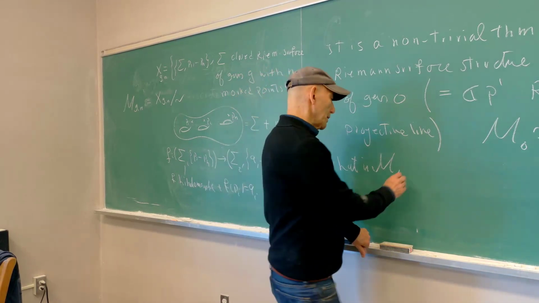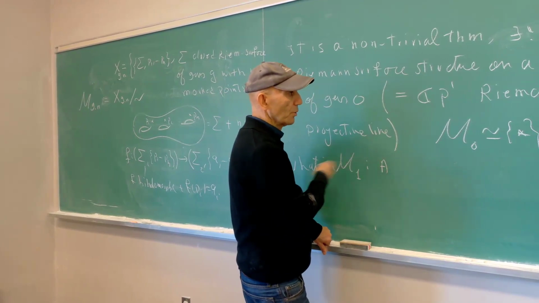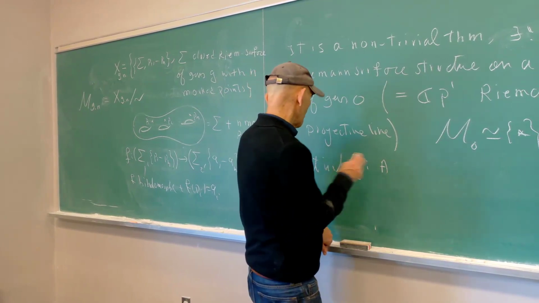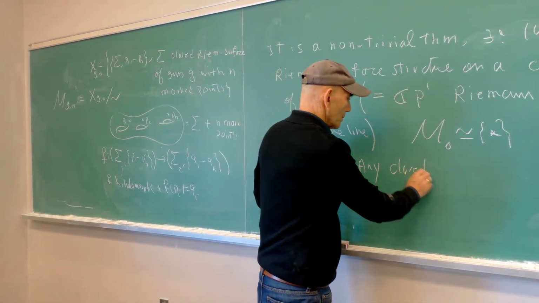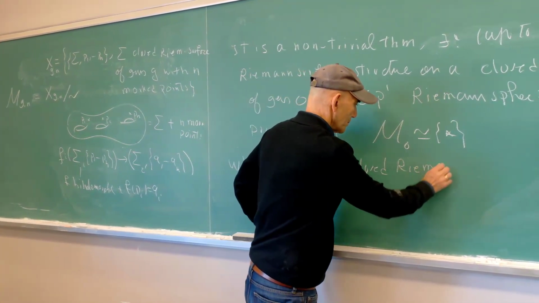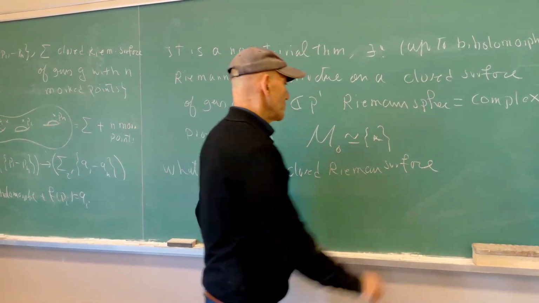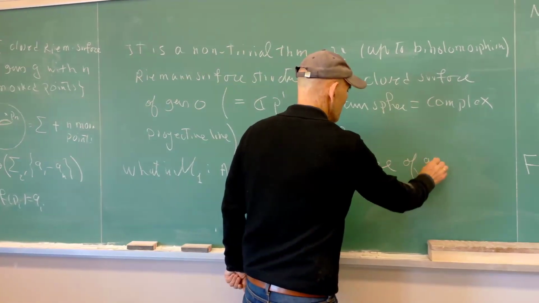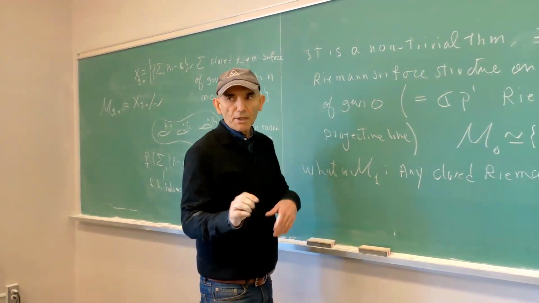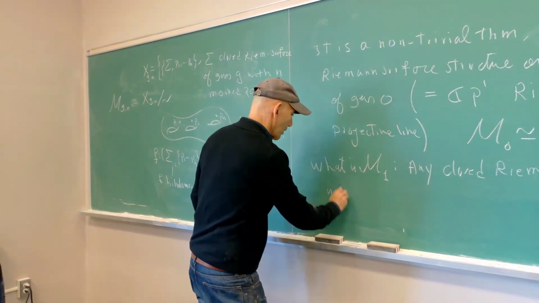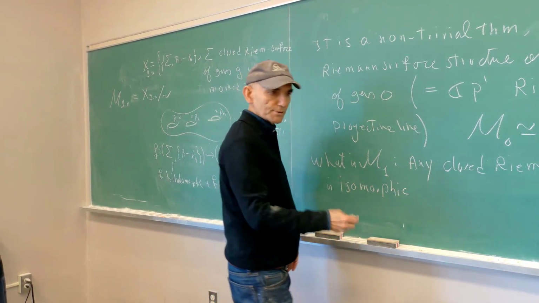You can show, again needing something like Riemann-Roch and the Abel-Jacobi map, that any closed Riemann surface of genus 1 is isomorphic, by isomorphism meaning biholomorphic, to a complex torus.